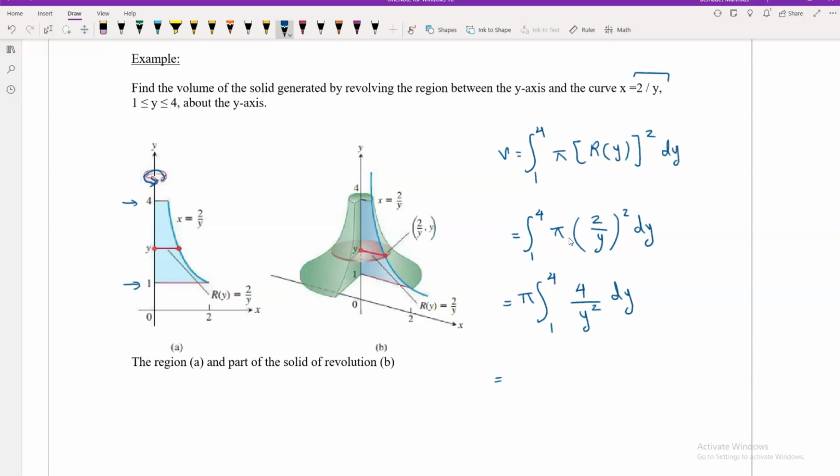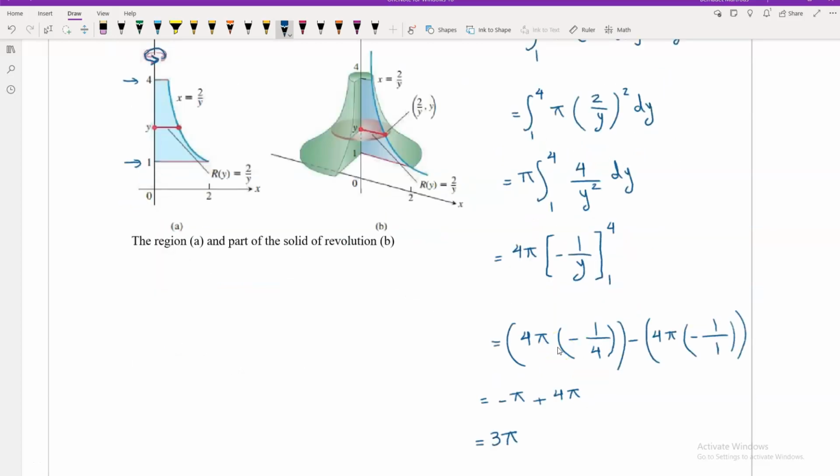That is equal to 4 times pi, and the integral of 1 over y squared is negative 1 over y, from 1 to 4.